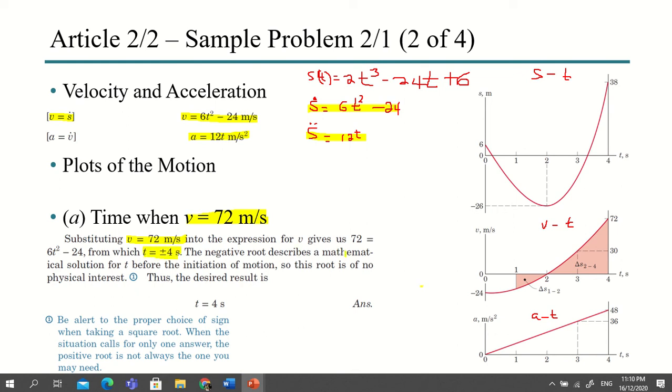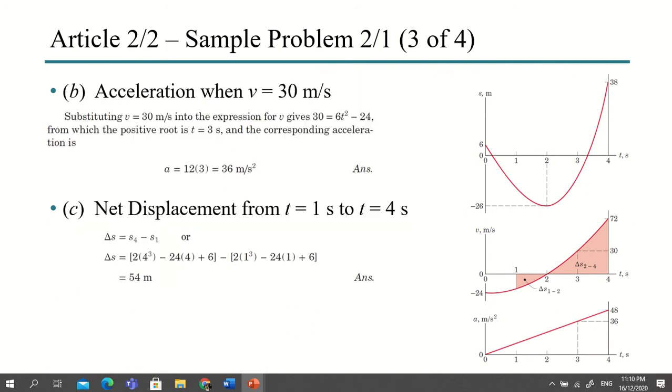The negative root describes a mathematical solution for t before the initiation of motion, so it is of no physical interest at the moment. Thus the desired result is t equal to 4 seconds. That is the answer to question A. Be alert to the proper choice of sign when taking a square root. When the situation calls for only one answer, the positive root is not always the one you need. It depends on the kind of problem.